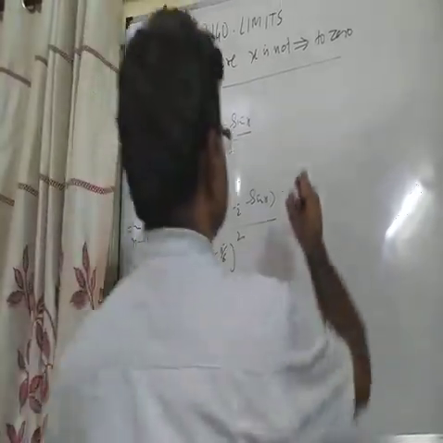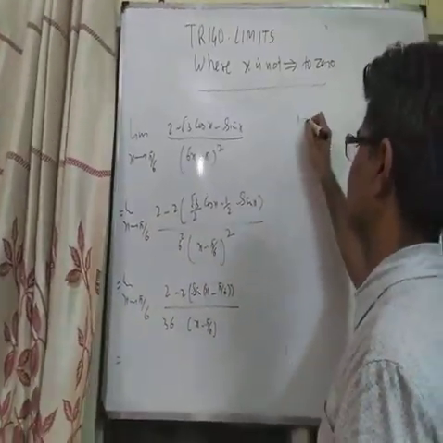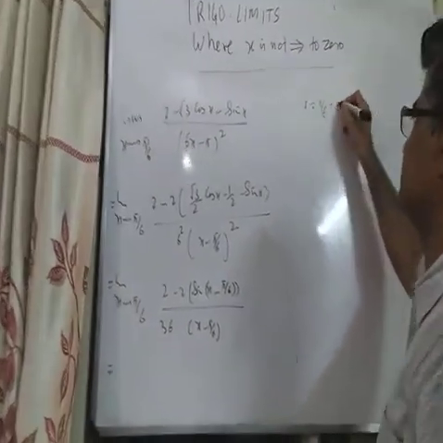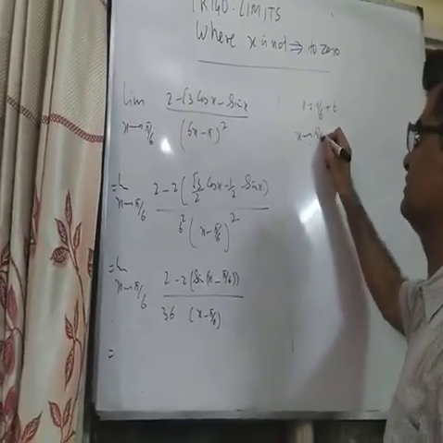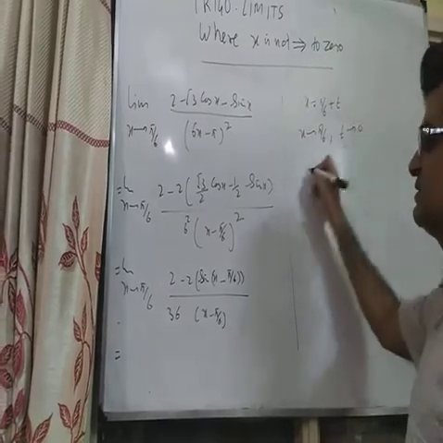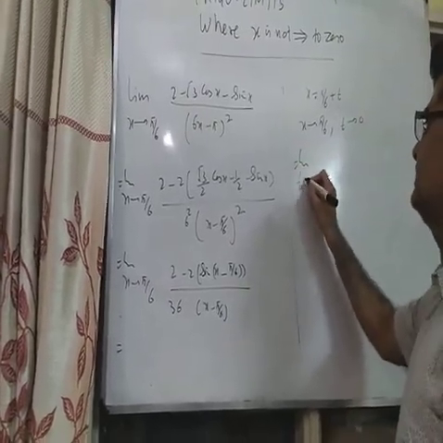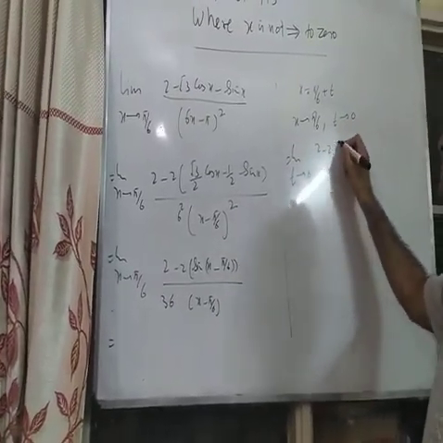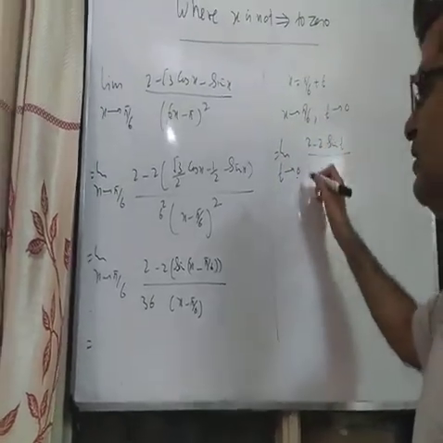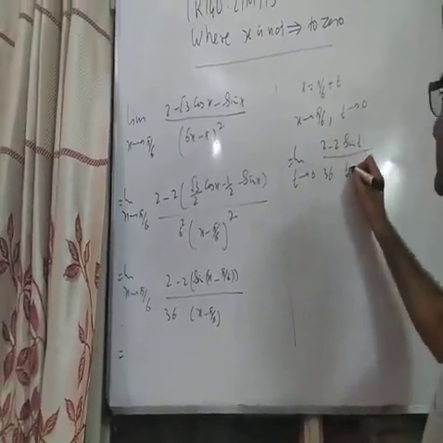Now we can see that let x is equal to pi by 6 plus t. When x is tending towards pi by 6, then t will tend towards 0. So limit t tends to 0, 2 minus 2 sine t upon 36t.